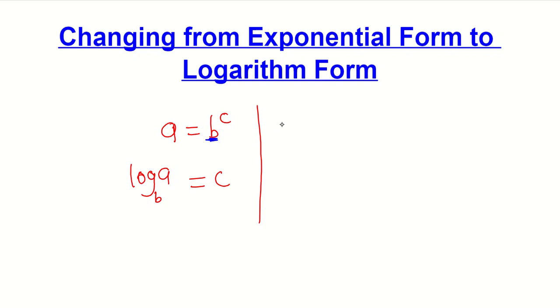Now, consider m equal to n exponent p. This is an index or exponential form. Changing it to logarithm form, we apply logarithm. We have logarithm of m, and the only base here is n.